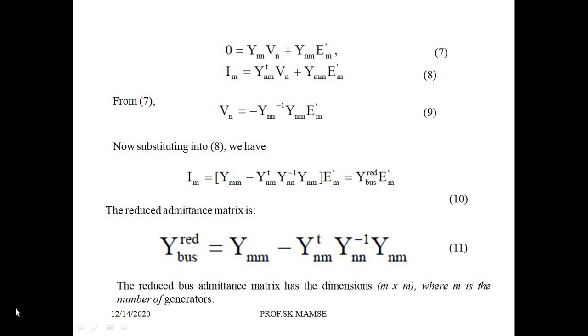The reduced bus admittance matrix has a dimension m by m, where m is the number of generators.